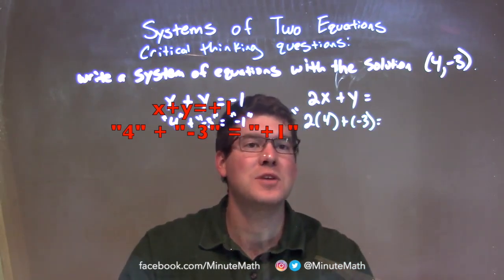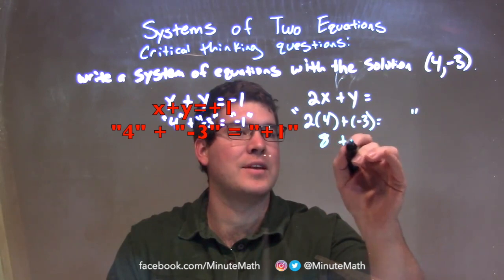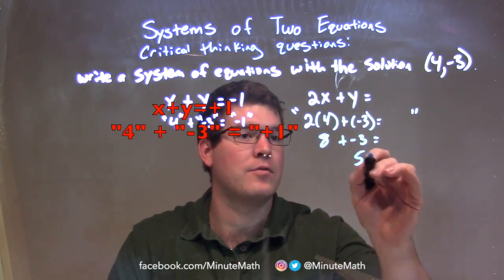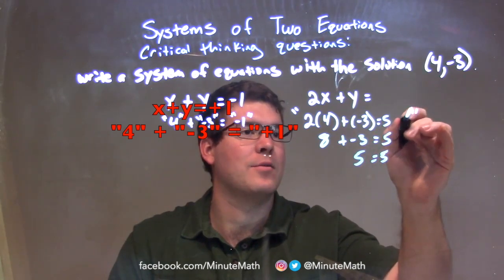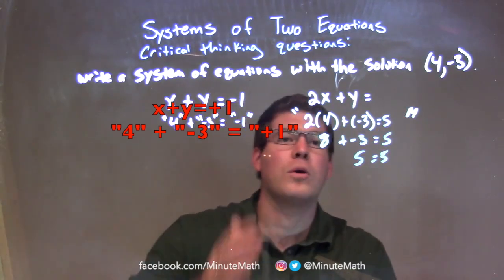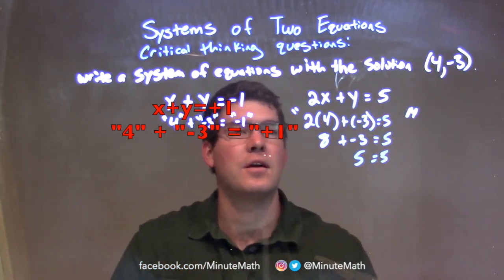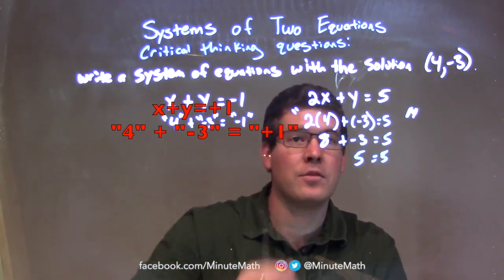Well, 2 times 4 is 8, so we have 8 plus negative 3 here, which is 5, right? So we can put 5 the whole way. So our whole equation, if I set this equal to 5, second equation here, I know if I put 4 and negative 3 in there, I will get a solution, okay?